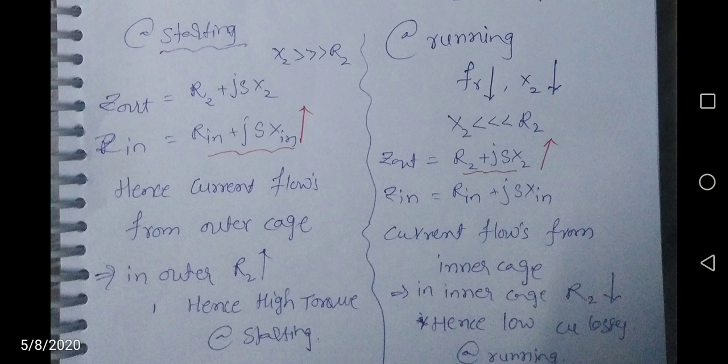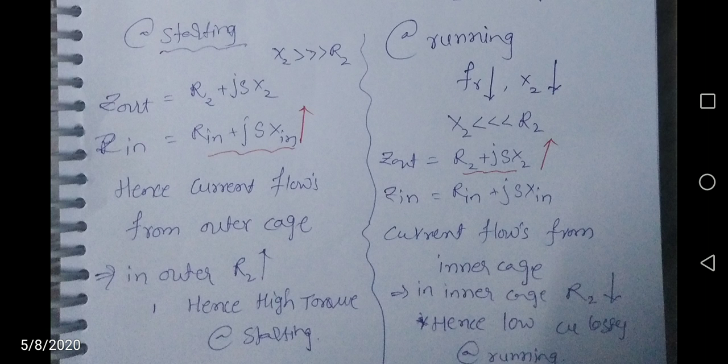Because the resistance is more for the outer cage, starting current is decreased, starting torque is increased, and power factor is also improved.